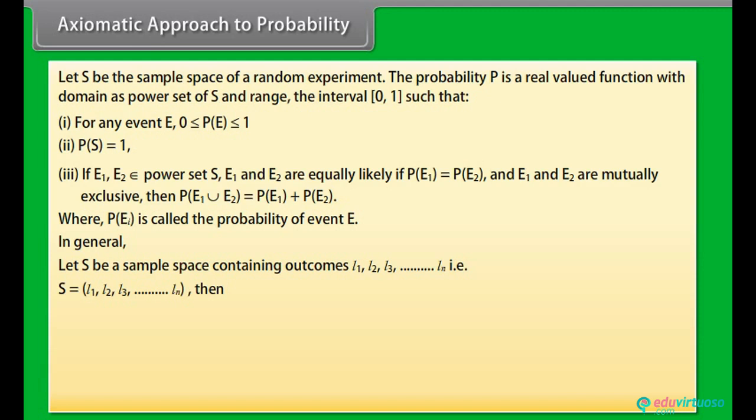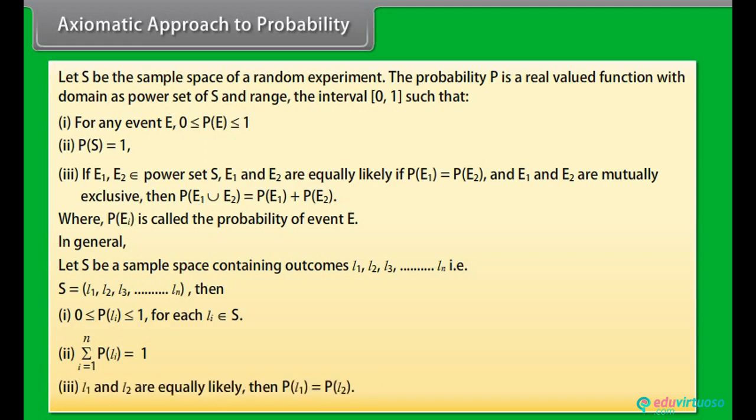Then 1. 0 less than or equal to P(Li) less than or equal to 1 for each Li belonging to S. 2. Summation from i equals 1 to n of probability of Li is equal to 1. 3. If L1 and L2 are equally likely, then P of L1 is equal to P of L2.